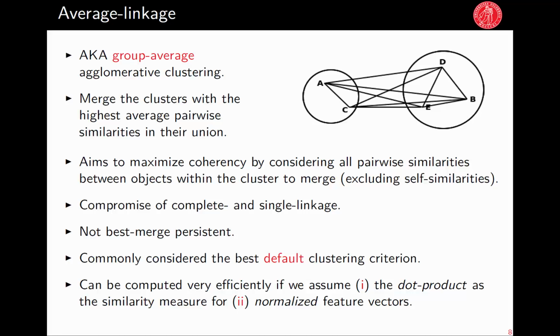And one reason for excluding self-similarities is to not penalize large clusters, which would have fewer self-similarities compared to the overall number of pairwise similarities in the score. Right.